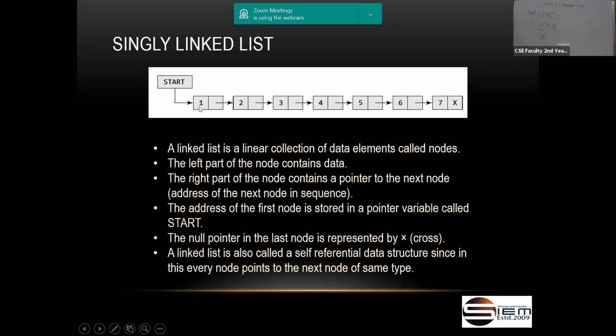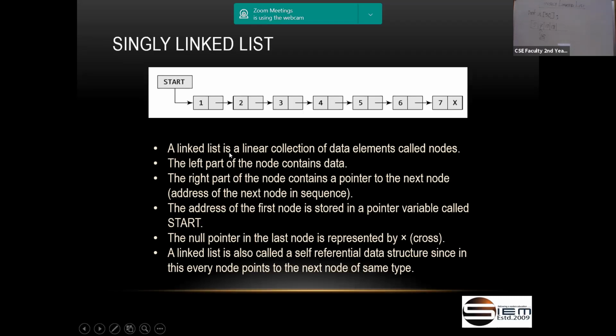The data part can store many things: an integer, a float, a character. The next part will store the address of the next node. That is how it is linked. This node's next part stores the address of this node, and this node's next part stores the address of the next one, and this way it is connected like a list.